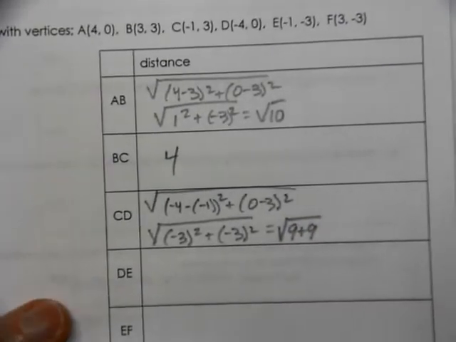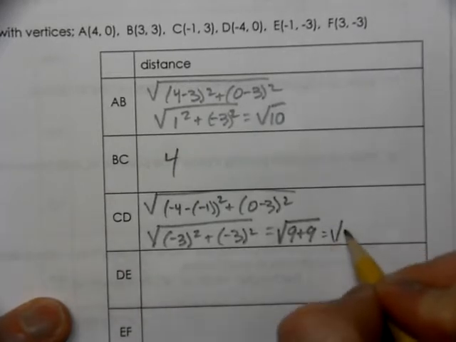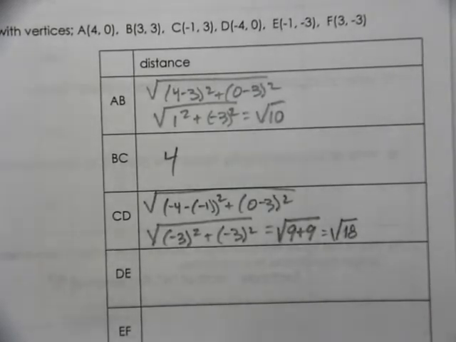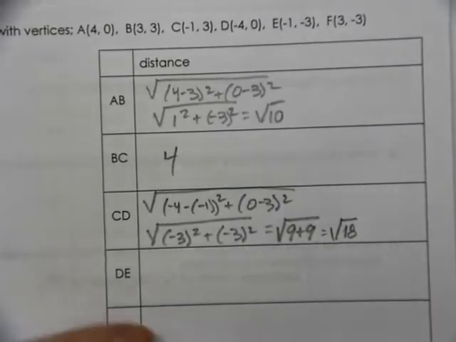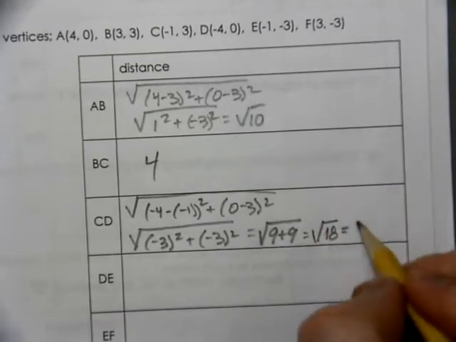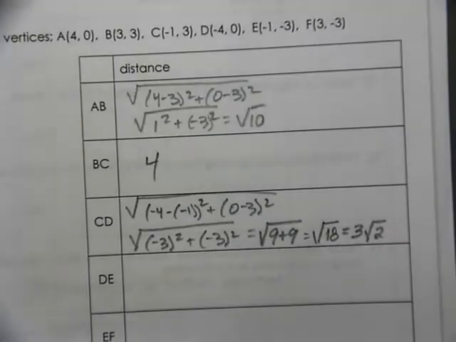You can't take the square root of those. This is the square root of 18. You could break that down if you wish. 18 is 9 times 2. You know the square root of 9, but there'd still be a 2 left inside.